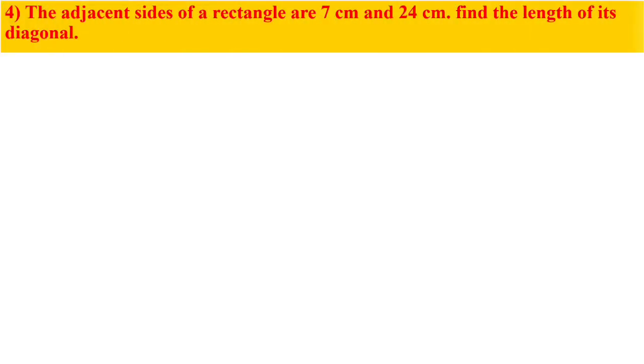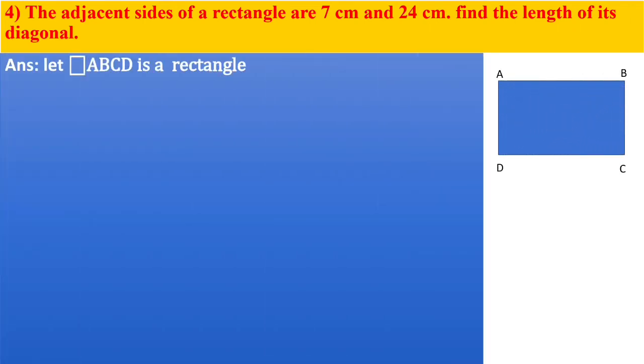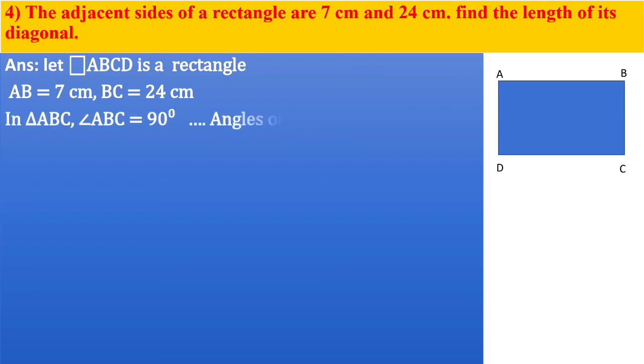Now question number 4. The adjacent sides of a rectangle are 7 cm and 24 cm. Find the length of its diagonal. So first of all, let quadrilateral ABCD be a rectangle. AB is given 7 cm and BC is given 24 cm. In triangle ABC, angle B is 90 degree, angle of a rectangle.